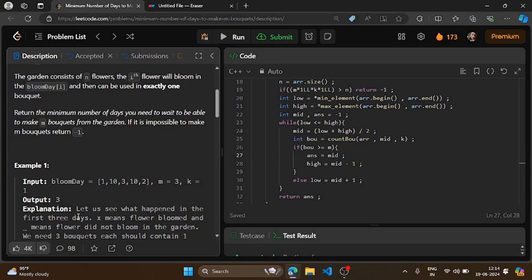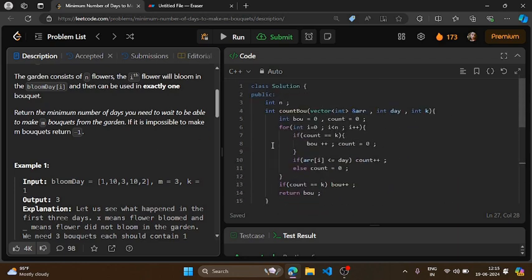The minimum possible day will be the minimum element of the array, and the maximum possible day will be the maximum element, because before the minimum day and after the maximum day, nothing new is going to bloom at all. So we are only concerned about these days, and from this range, I have to find a day where I can make m bouquets. So this was the whole solution.